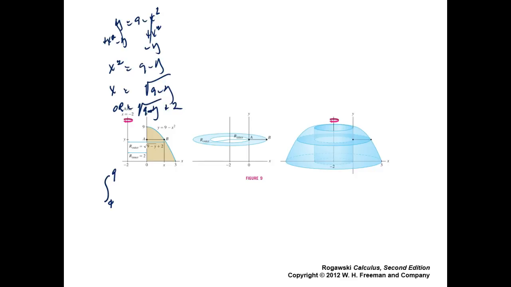And then your inner radius is going to be minus 2 squared. Okay, so that's going to be it.